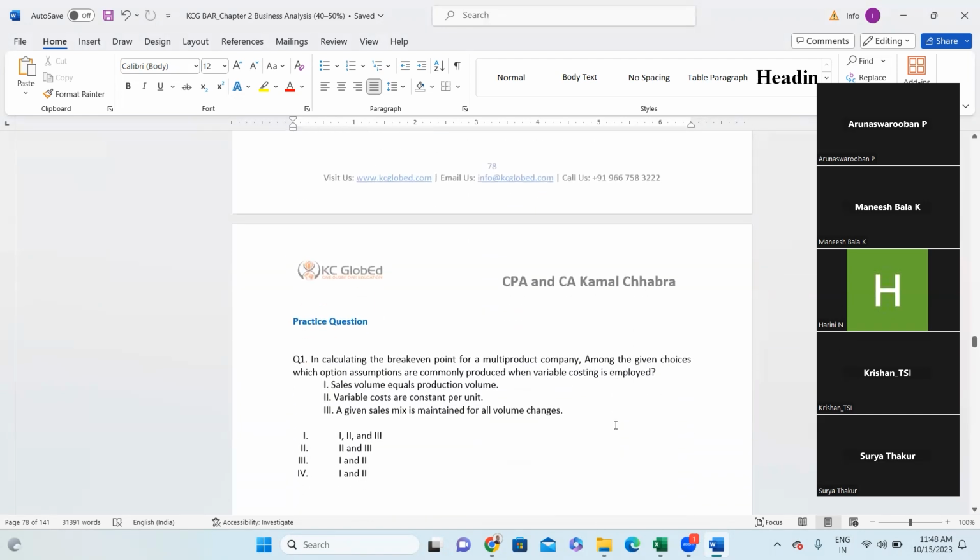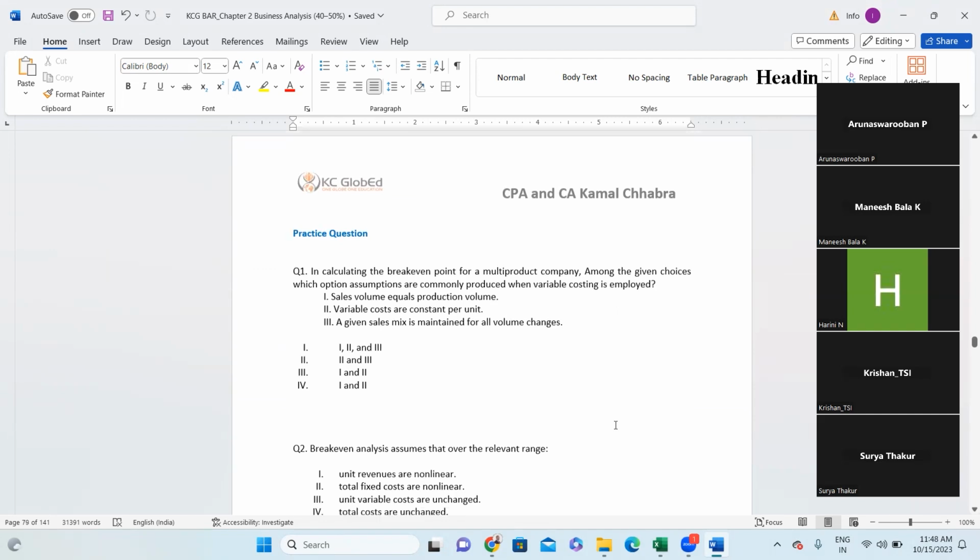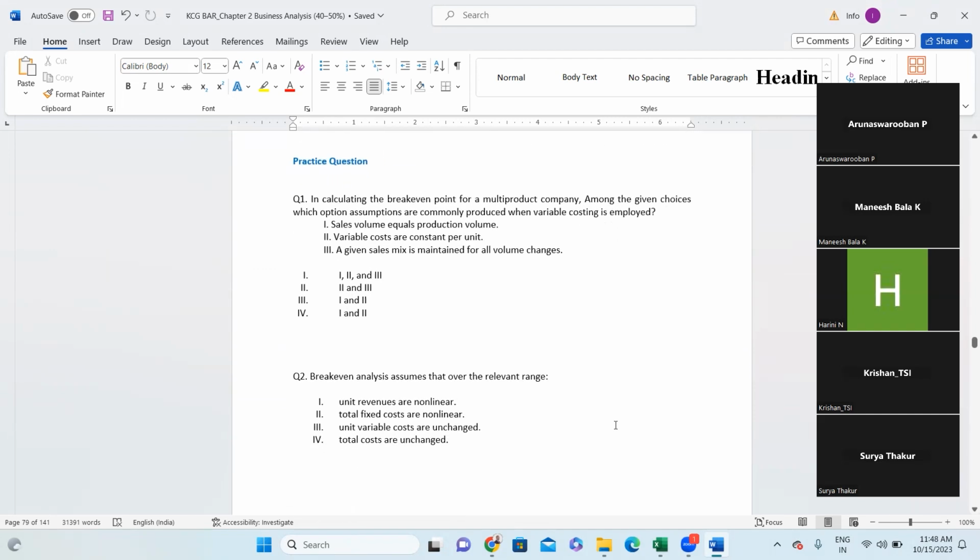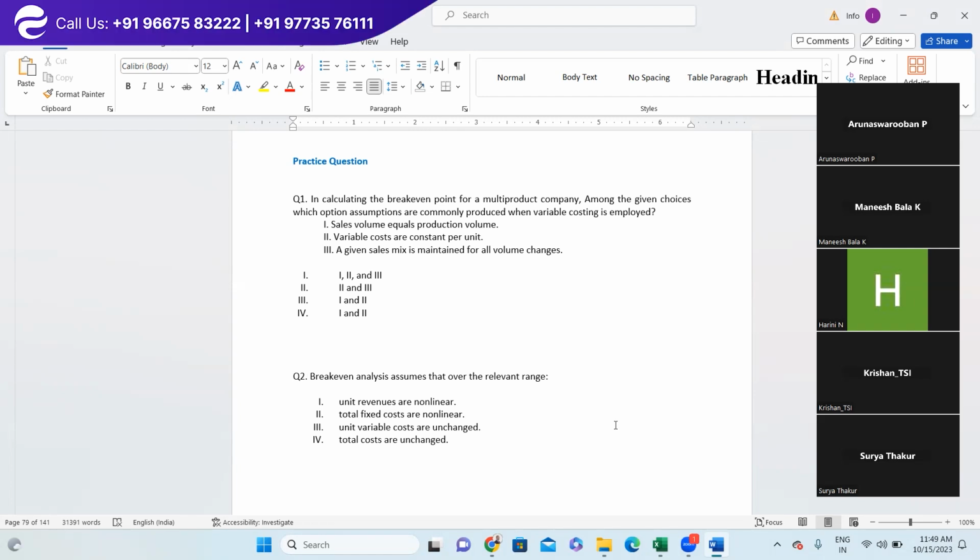Right. So there are a few questions. Let's do this question. So in this type of question you will expect in your exam. In calculating the break-even point for a multi-product company, among the given choice, which assumption is commonly made when variable costing is employed?